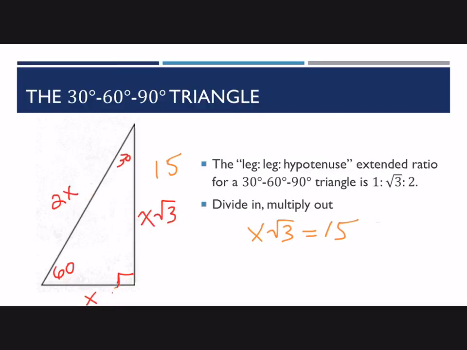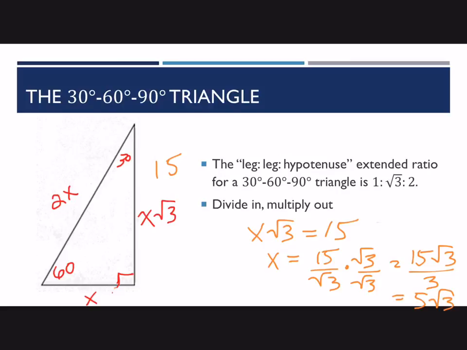Okay, so I would probably divide by square root 3 next, and then rationalize, multiply by square root 3 over square root 3, and that becomes 15 root 3 over square root 9, which is 3, and that reduces to 5 square root 3. Okay, so x, or the shorter leg, is 5 square root 3, and then 2x, I would multiply that by 2 and get 10 square root 3.